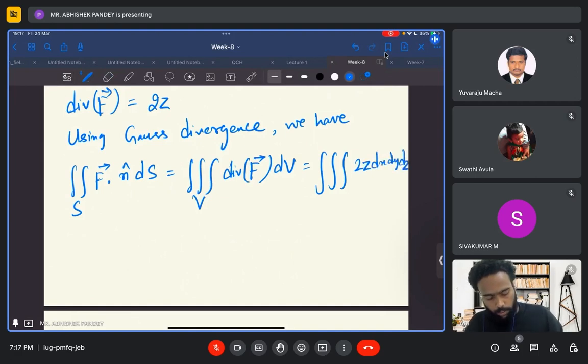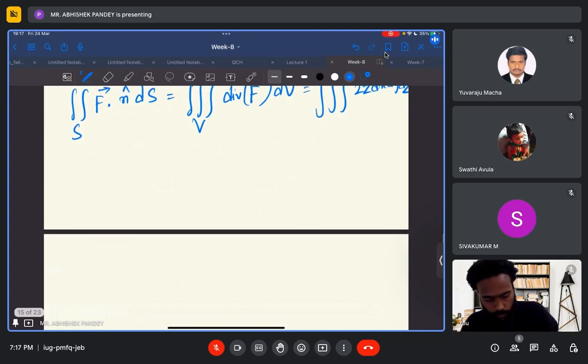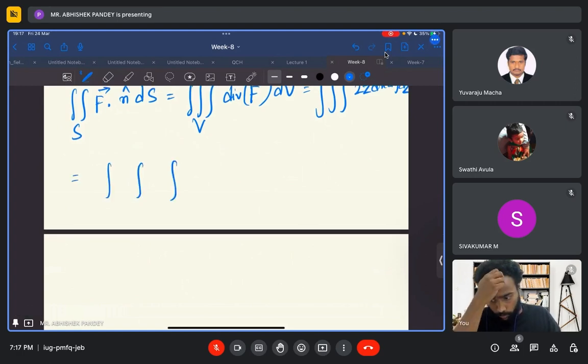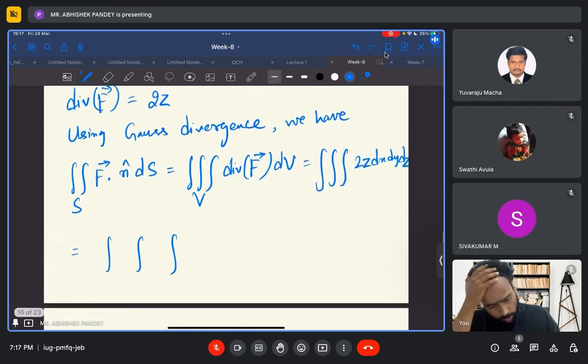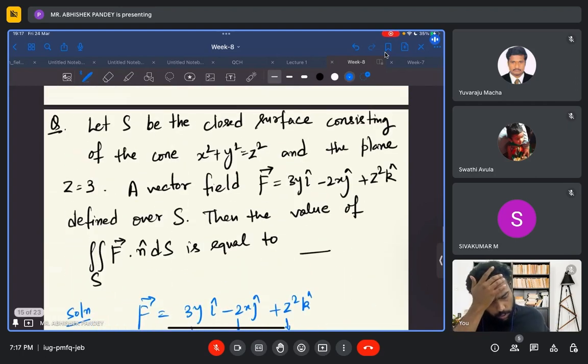Now we have to put the limits. What would be the new limit of x? You just need to see what the surface is: the closed surface consisting of the cone and the plane z equals 3.